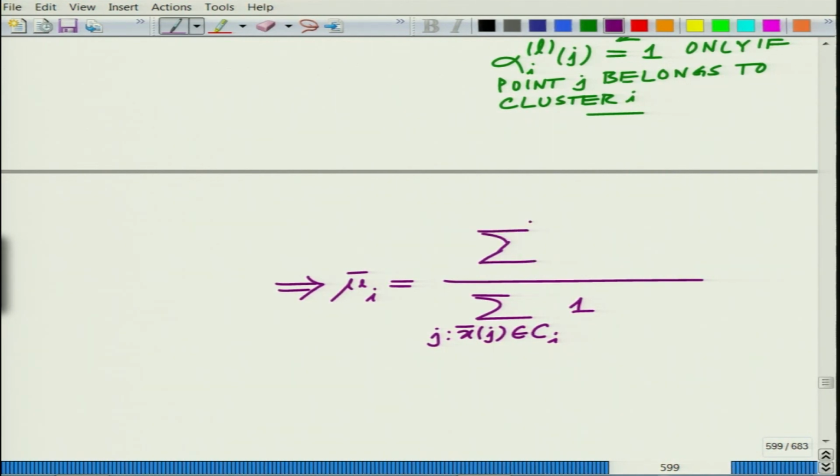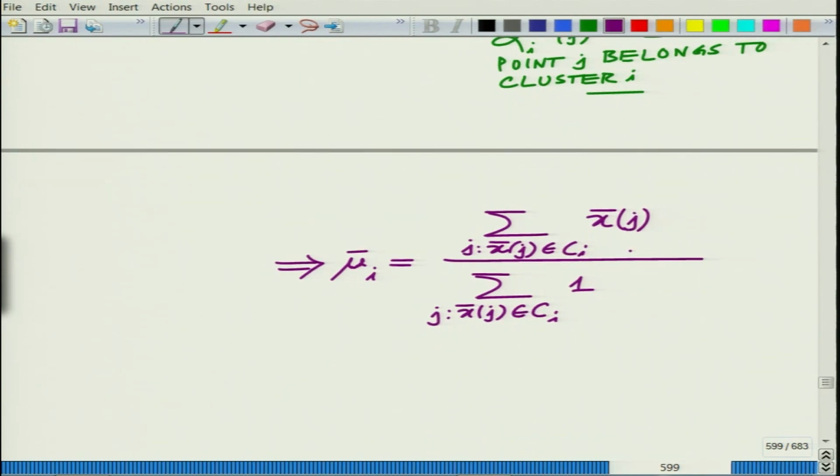And in the denominator, the summation of j such that x bar j belongs to cluster i, and you will have x bar of j.